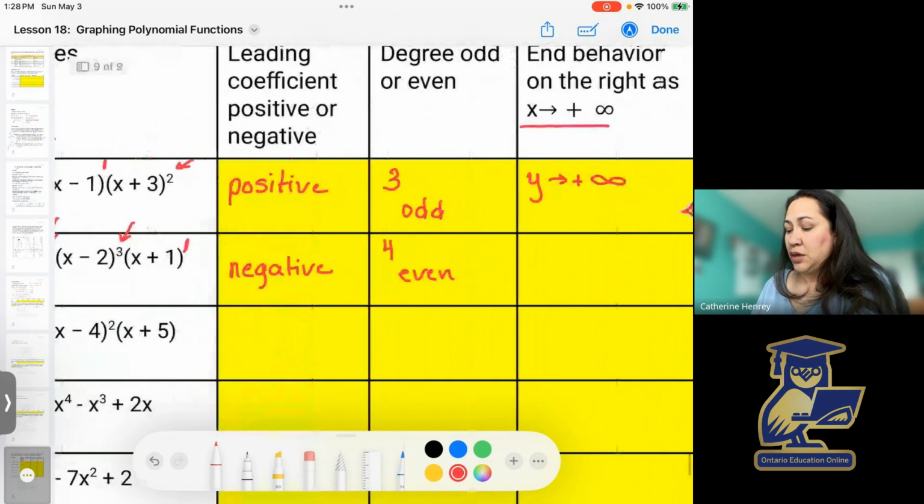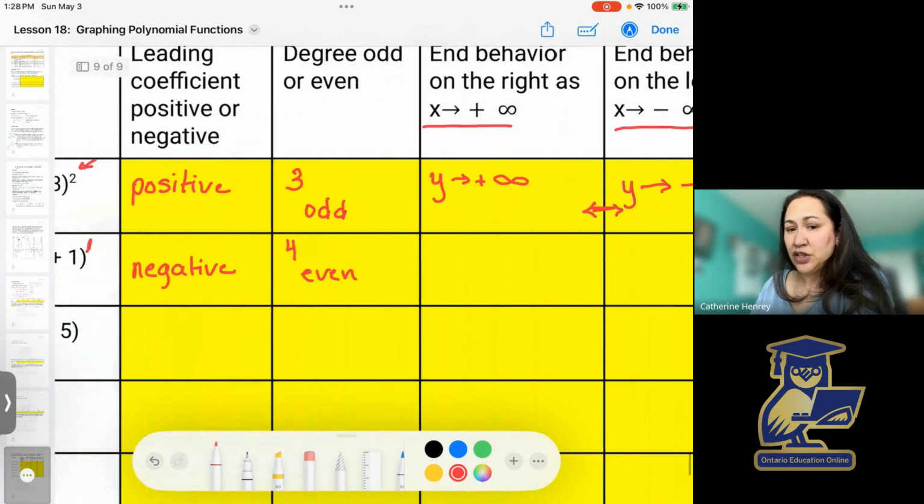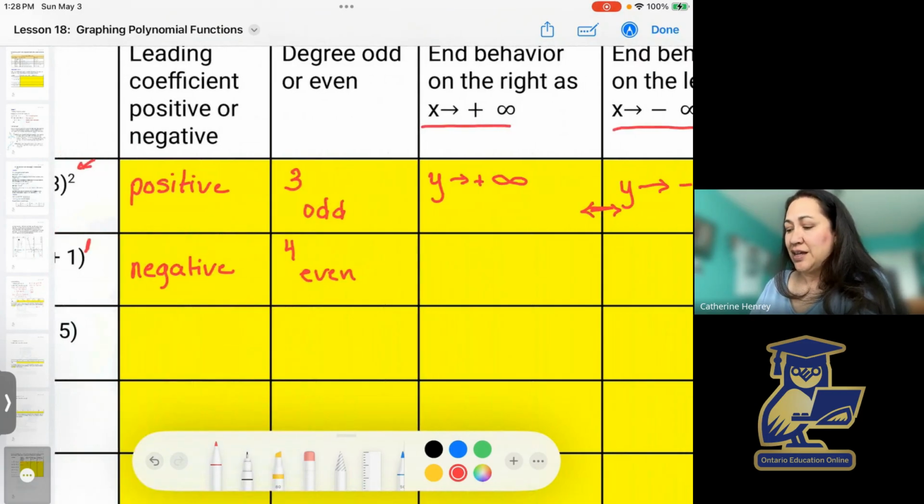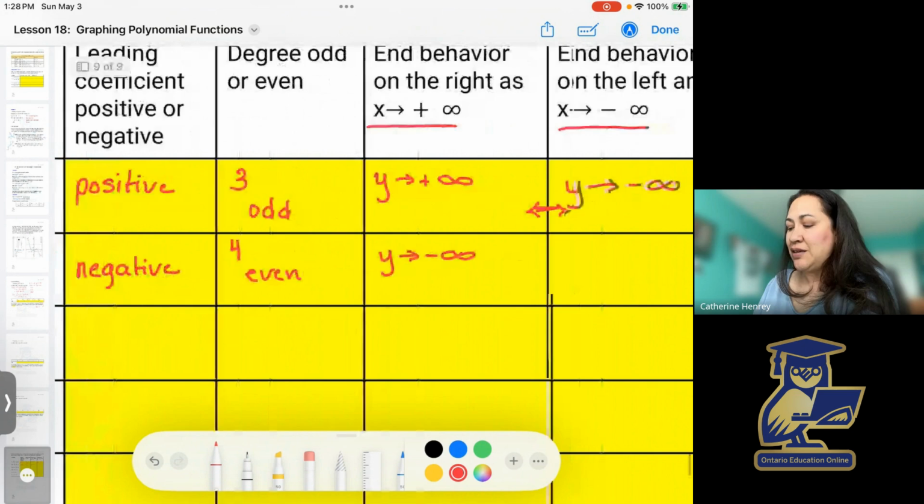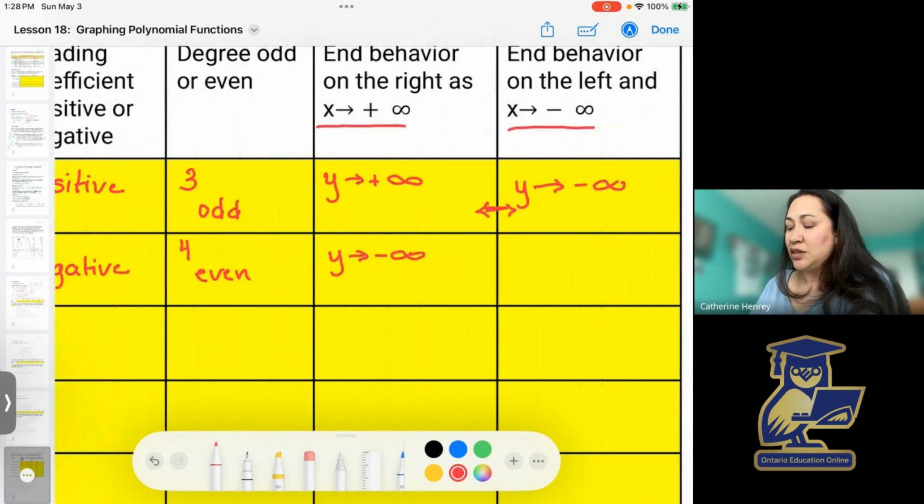So since my leading coefficient is negative, as x moves to the positive, to the right side, y is going to move to the negative. And then since my degree is even, as x moves to the left side, the behavior is going to be the same.